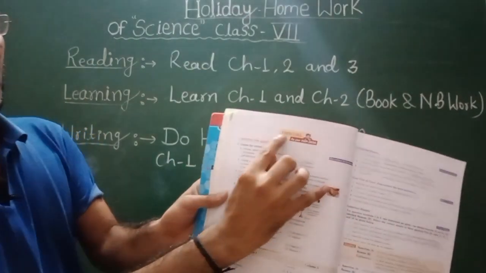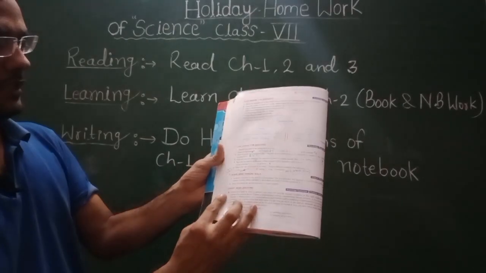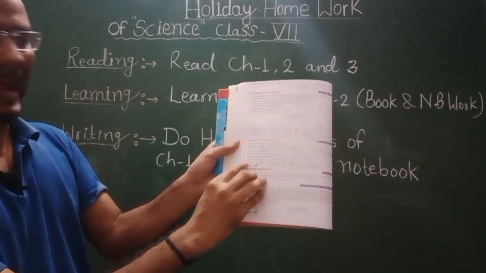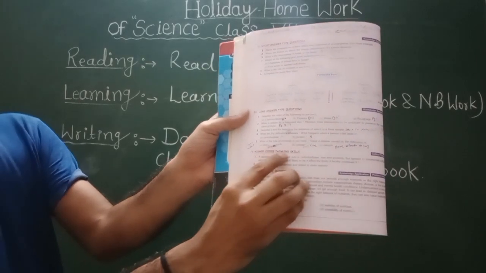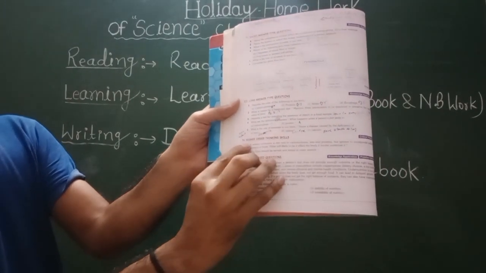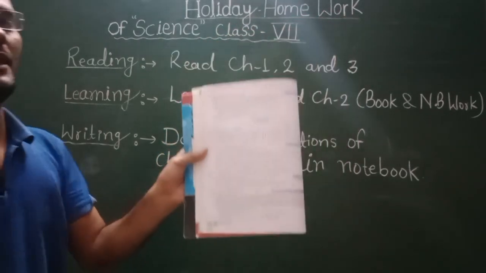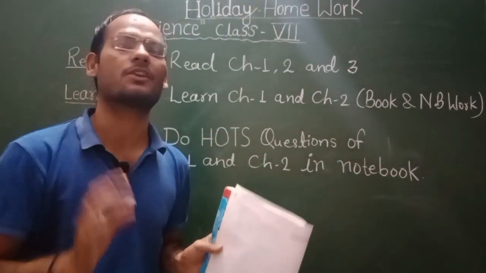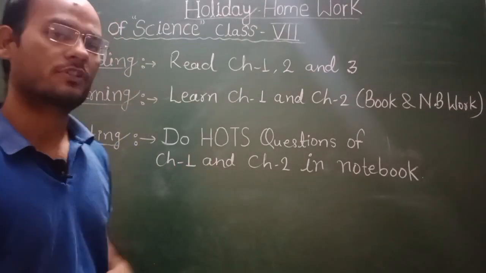Here you can see the exercise questions, and in the exercise questions, there are long question answers and then the higher order questions, the higher order thinking skills questions. These types of questions you have to do in your notebook. Clear? How to do these questions?